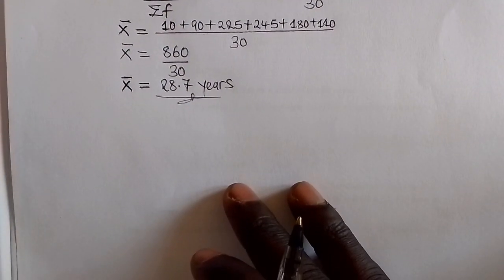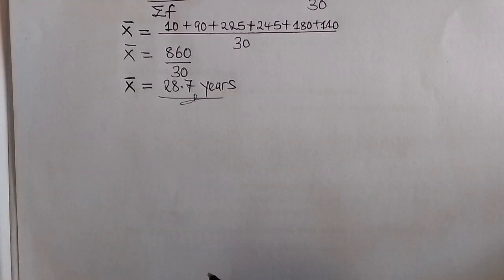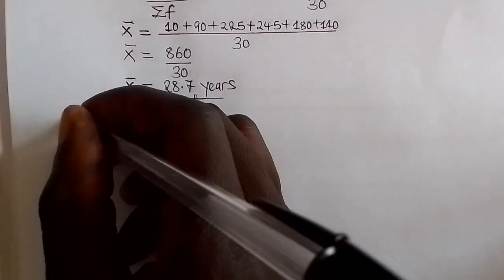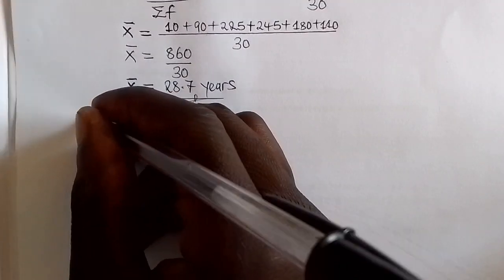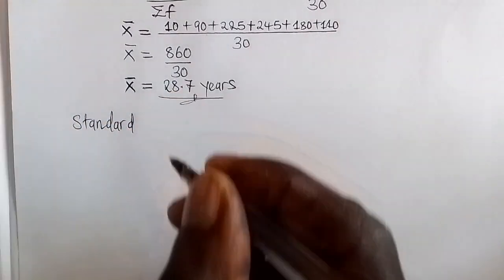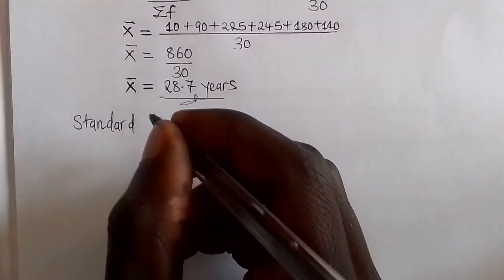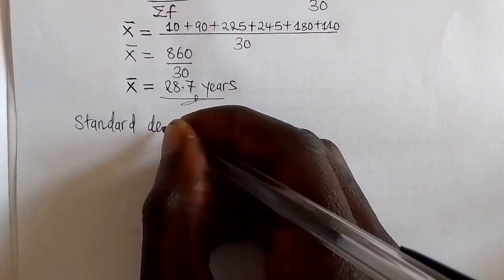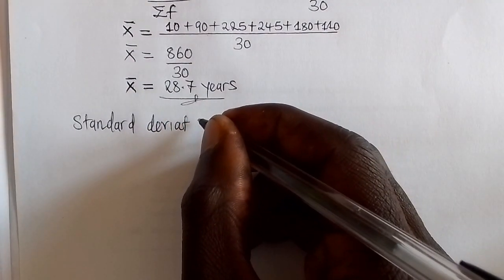So again, we are picking on the formula that is under grouped data. There are 2 there, so you just have to select which one you're going to use. Now, looking at the kind of working I've done, I will pick on the one which has summation fx square.